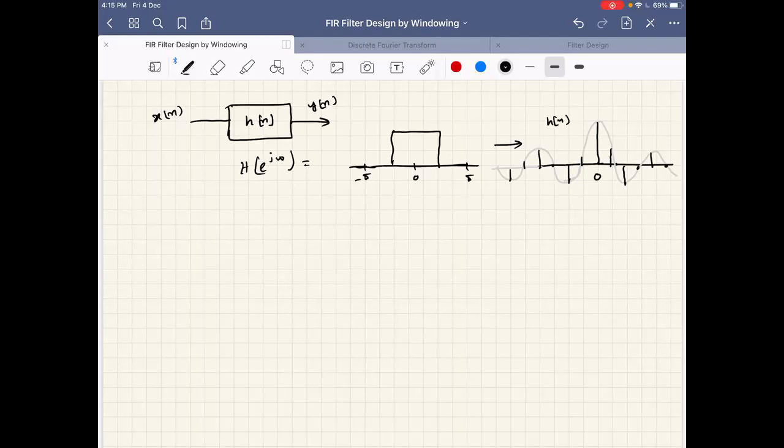Second thing is, we wish the impulse response to be causal for a realizable filter. That means h of n has to be 0 for n less than 0, for causal and realizable.